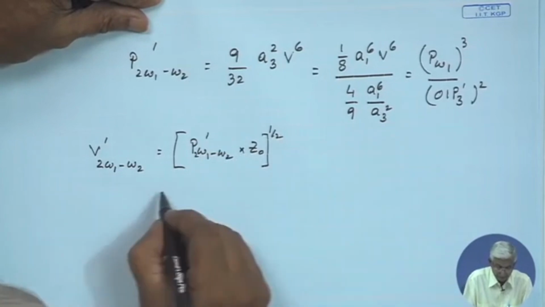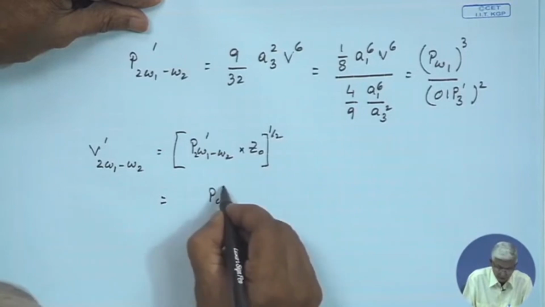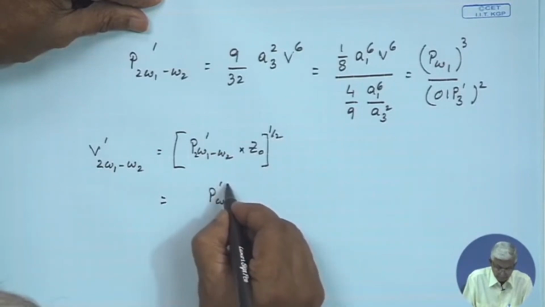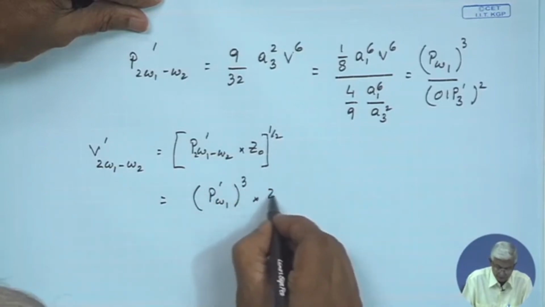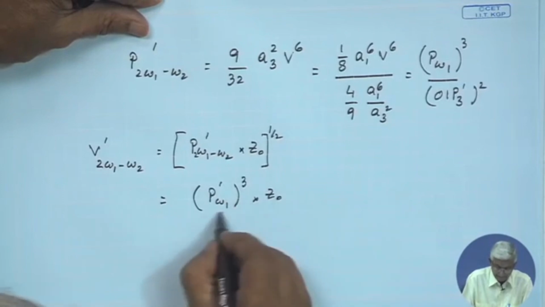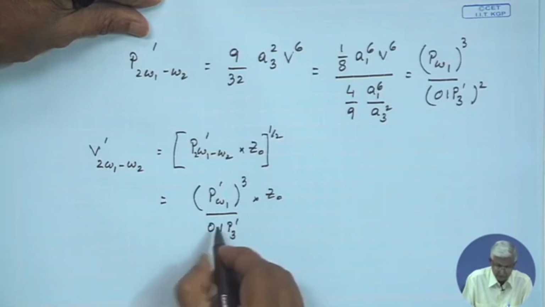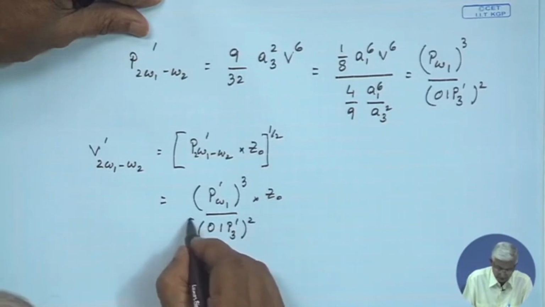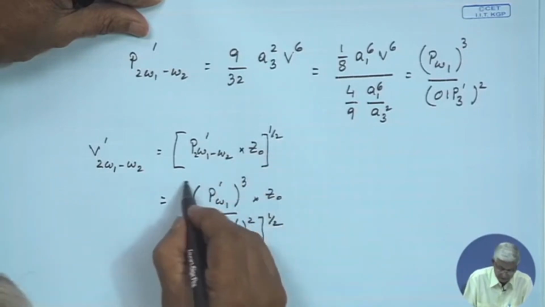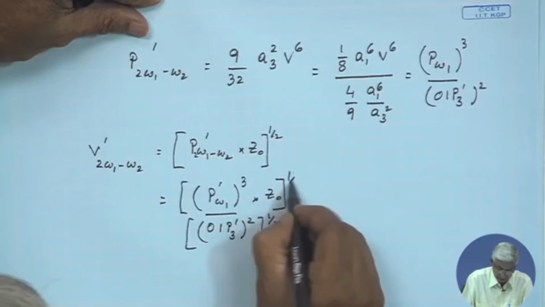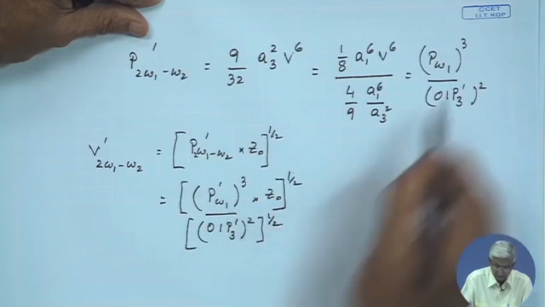So, this is equal to P omega 1 prime cube into Z naught by OIP3 prime square, to the power half, where P 2 omega 1 minus omega 2 I replaced by this term, which is from here.